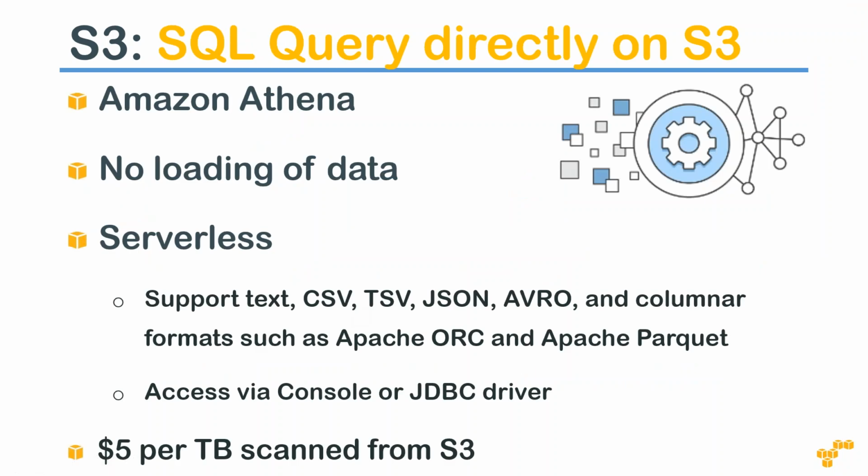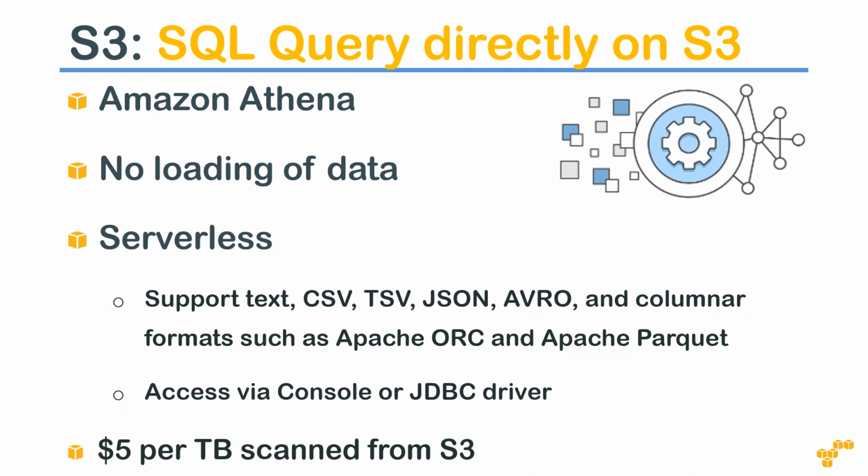And finally, if you want to query something directly on S3, there is a new service Amazon has launched called Amazon Athena. There is no loading of data, there are no servers, it supports all the different file formats, and you can query it directly using the Amazon Athena console or a JDBC driver. And the cost is also not much, it is $5 per terabyte.